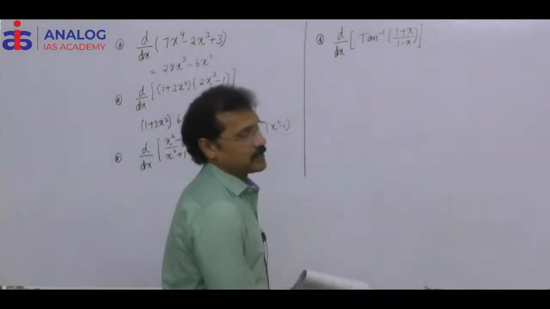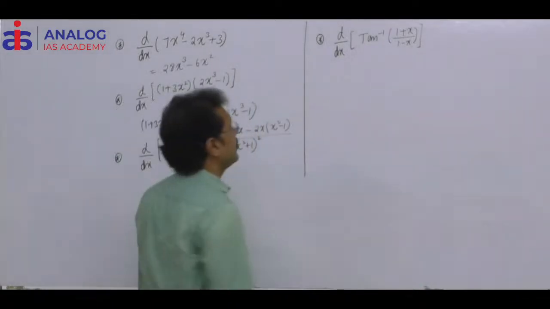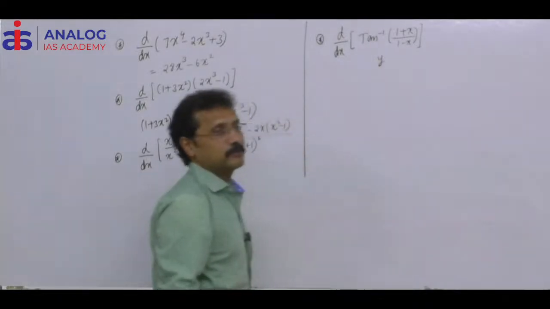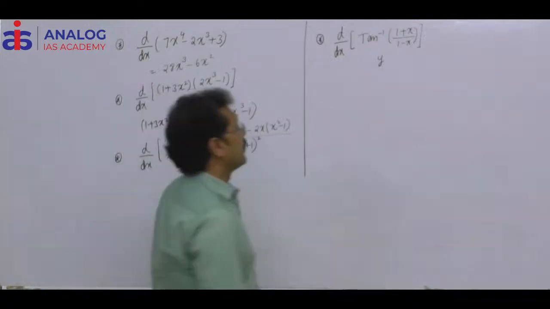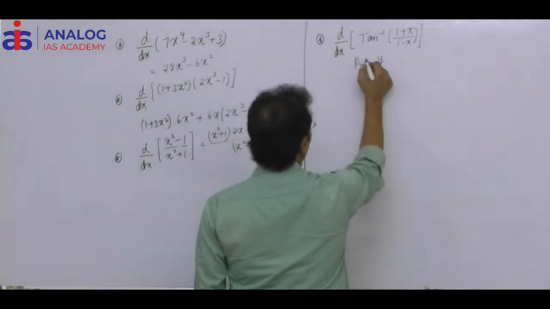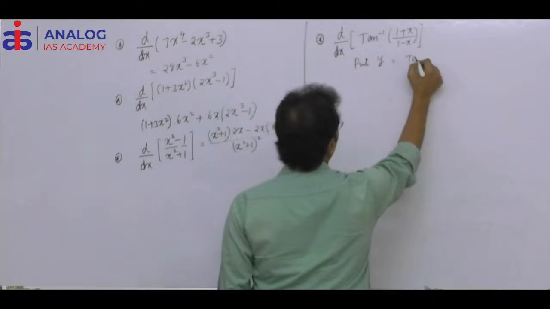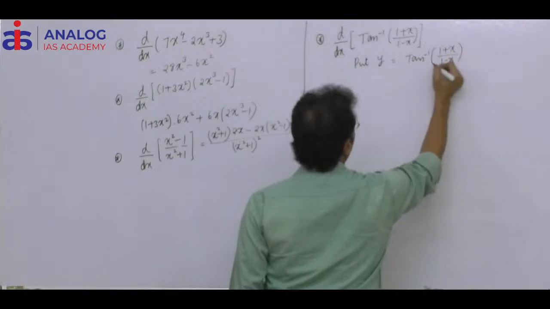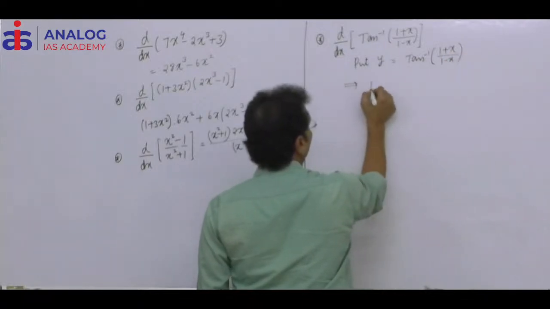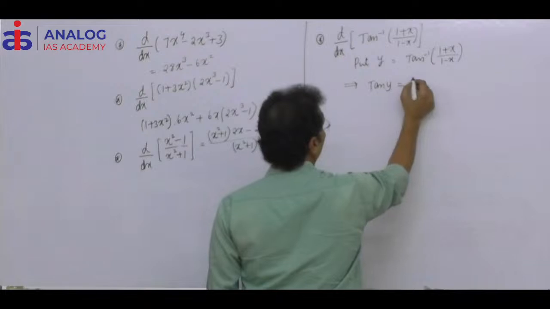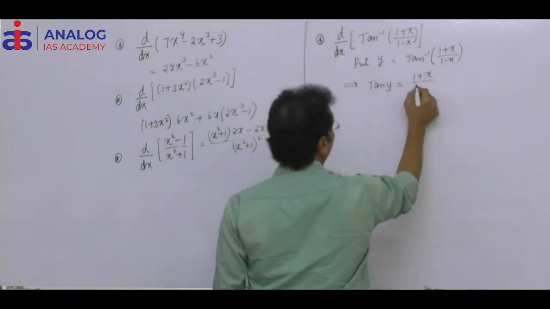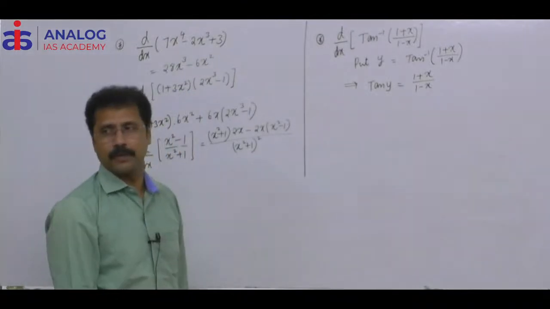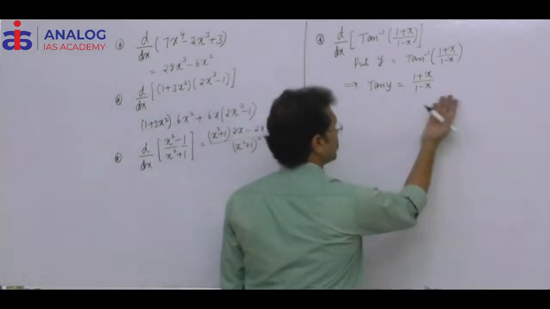So generally what we do, I will treat this entire bracket as y, suppose. I am supposed to find dy by dx. Now if I put y equal to tan inverse of 1 plus x by 1 minus x, this also means that tan y is equal to 1 plus x by 1 minus x. Now you can directly differentiate this. So differentiating this entire equation, what do I get?